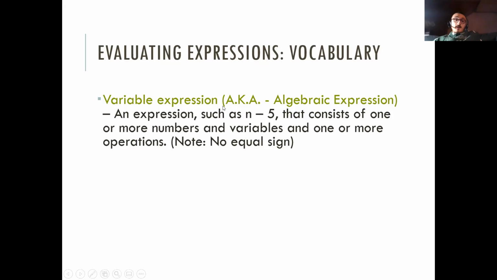So it is not an equation, it is an expression. The difference between an equation and an expression is the presence of an equal sign. Equations have an equal sign. You know, they use the EQU right there at the start of the word, and expressions do not have an equal sign.